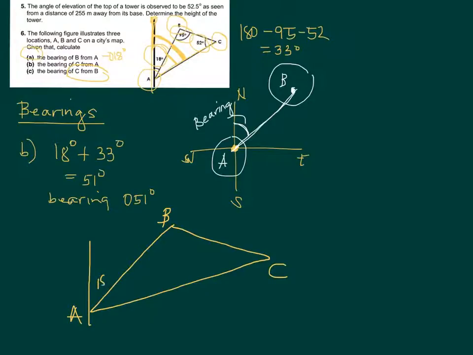This is 18, this is already 33, this is 95, and this is 52. So since the reference point is B, you have to make the axis on the B. So on the B, this is the north axis. So the bearing of C from B is the angle formed from the north axis to the line connecting B and C.